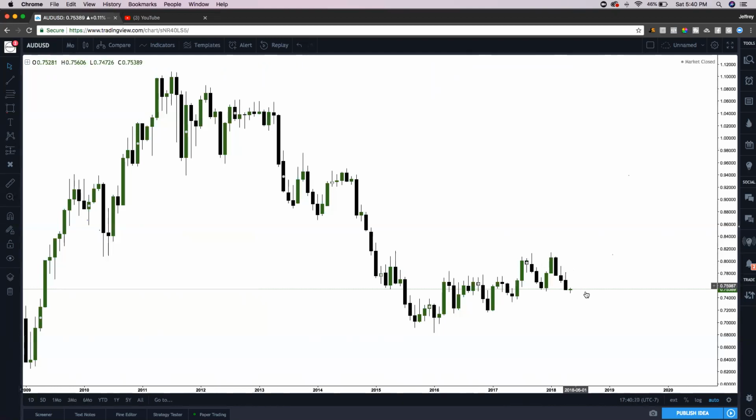This would be a trade that could unfold over the next 4 months. Obviously, risk would be a lot smaller because your stop loss and everything is going to be a lot bigger. You would have about a 350 pip stop loss, and then your first profit objective would be about 620 pips.